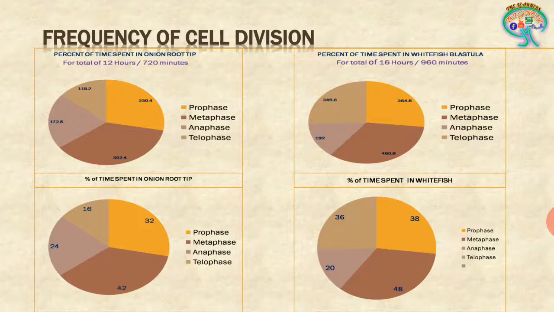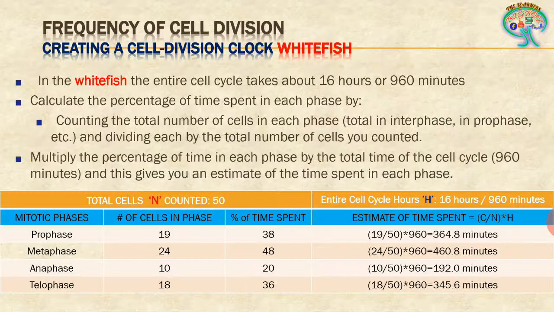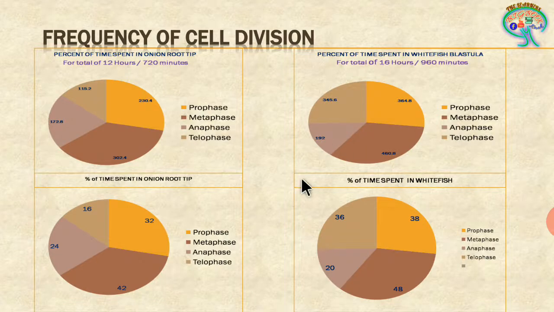So this is the circular graph which we have constructed to depict the estimate of the time spent by each phase relative to the total number of cells which we have counted for each phase.